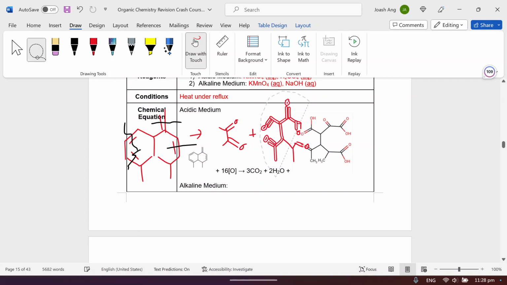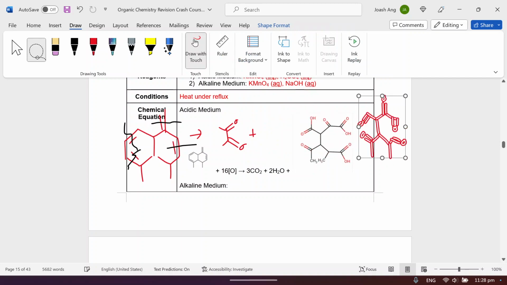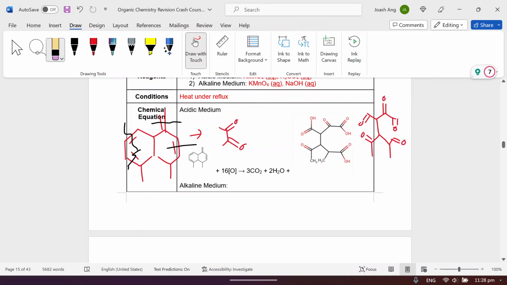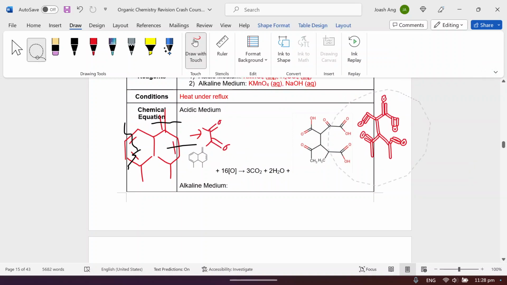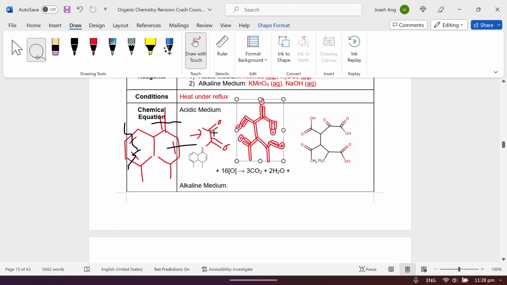I'll shift this to make it clearer. As you can see, I have these two organic products.